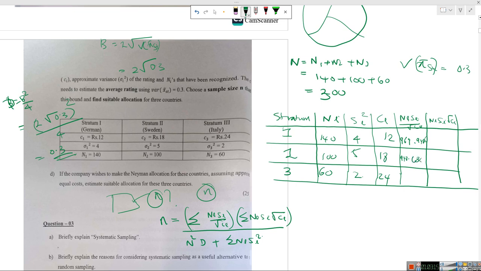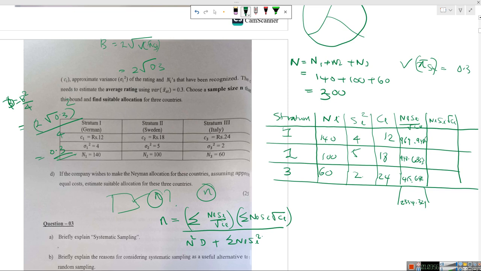Again it becomes 415.6922, and we will need this summation also. The summation becomes 2334.324. You can check your answers.